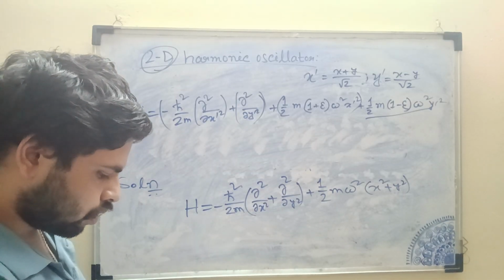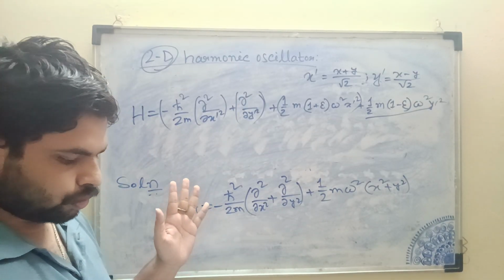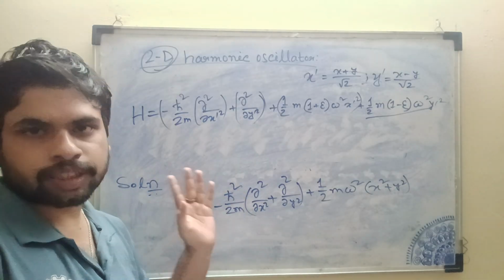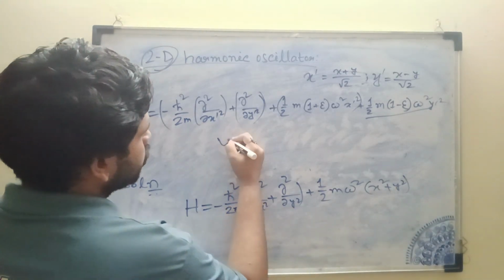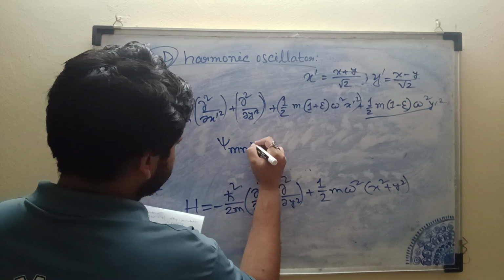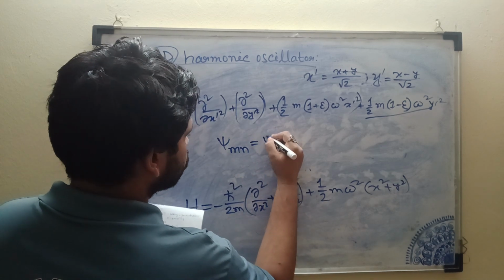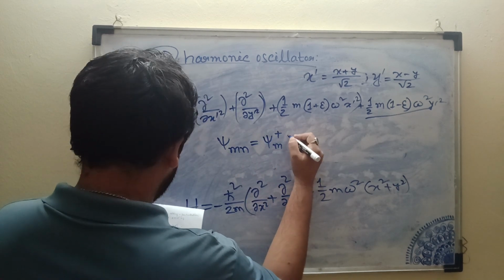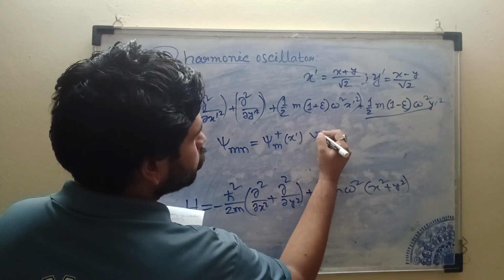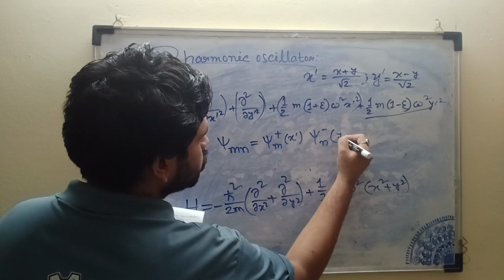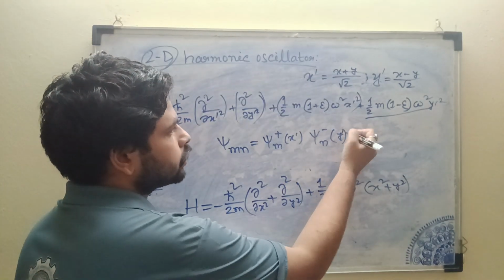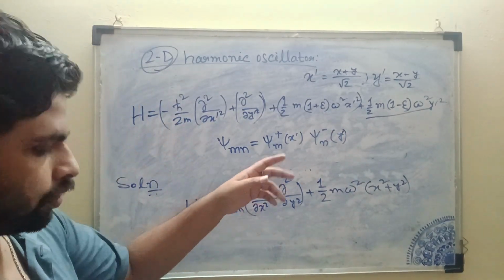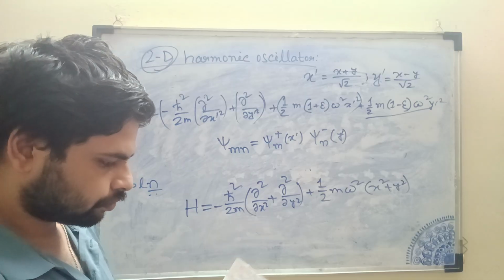So using the two independent 1D oscillator approximation, we will get a wave function like this: a wave function of x prime and another wave function of y prime.